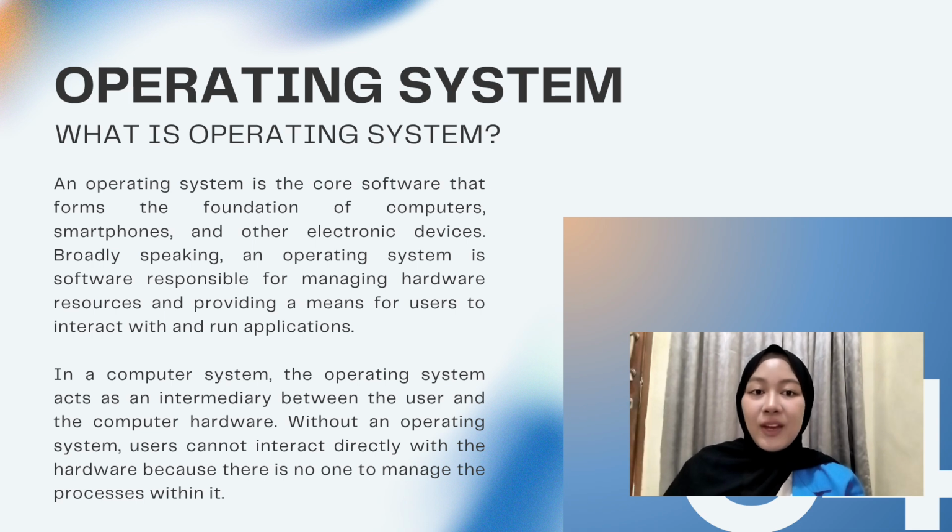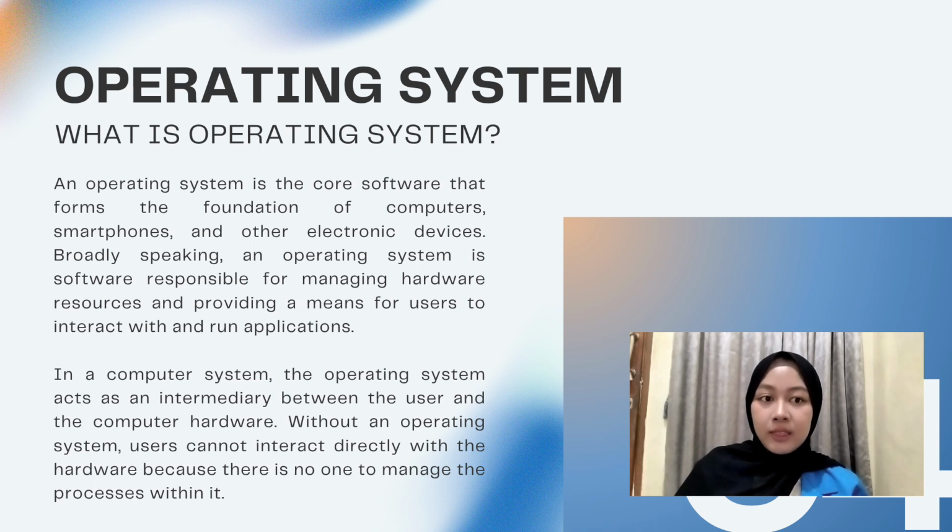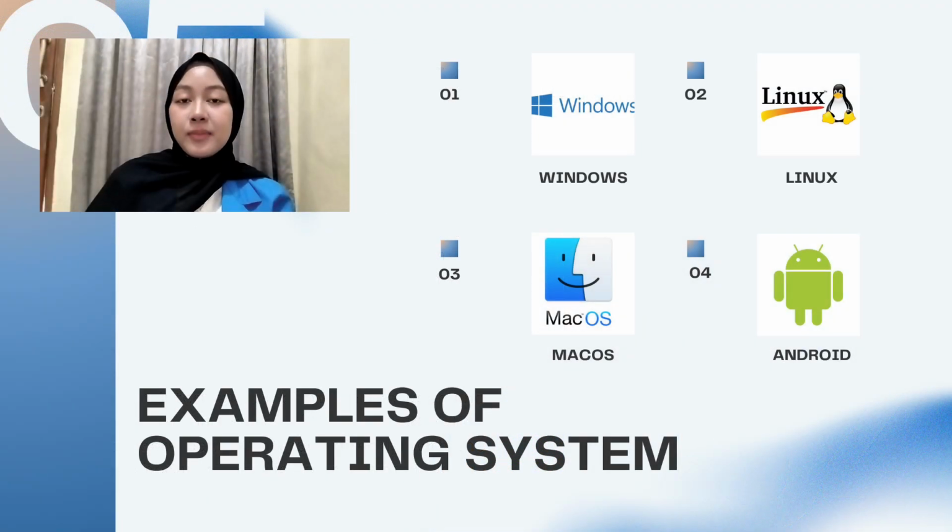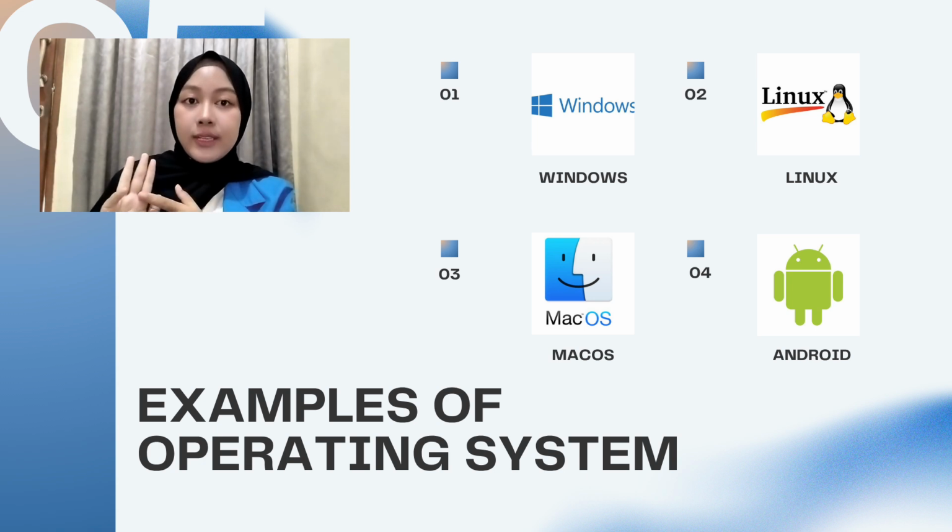Broadly speaking, an operating system is software responsible for managing hardware resources and providing a means for users to interact with and run applications. In a computer system, the operating system acts as an intermediary between the user and the computer hardware. And these are examples of operating systems such as Windows, Linux, macOS, and Android.